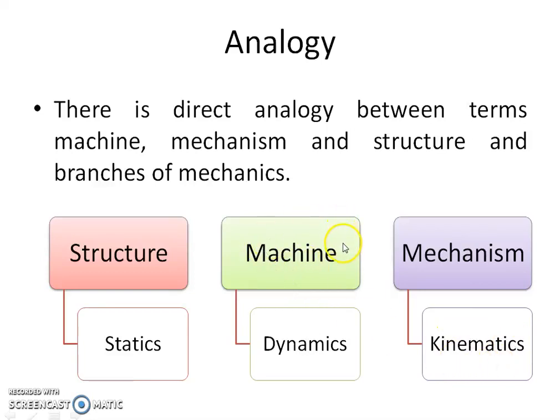A machine as a whole covers the dynamics, the inertial forces, and the masses also. So it comes under dynamics as a whole, because it deals with power, torque, etc. So this is the analogy between the various terms discussed here.